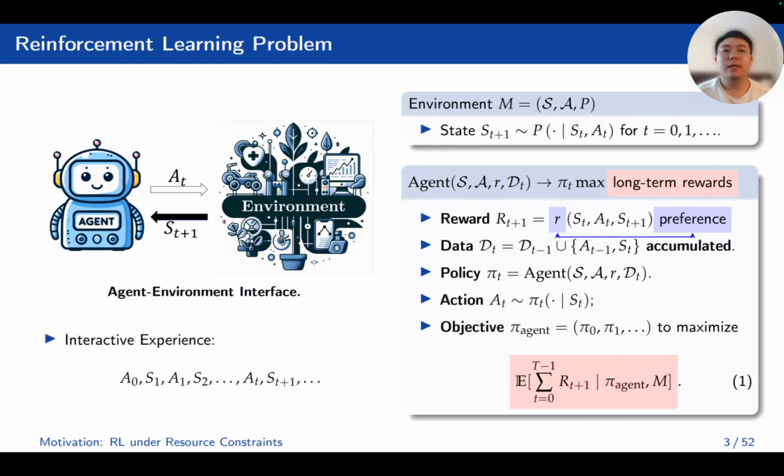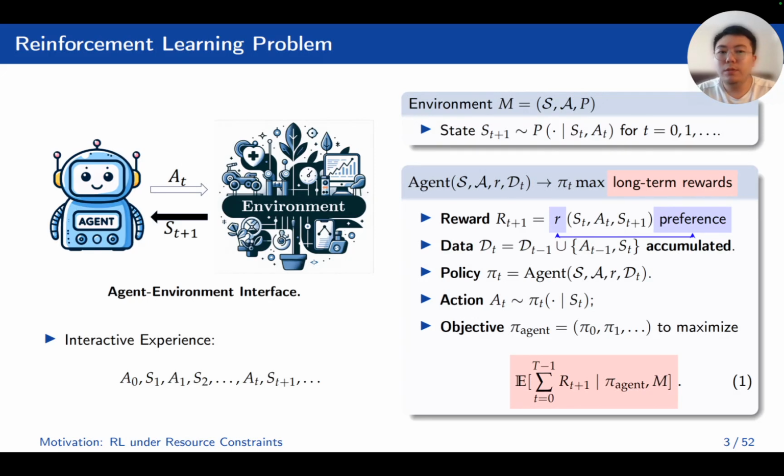Reinforcement learning is about an agent interacting with the environment sequentially. The agent will observe the state and take the action according to its experience, and then the environment will return the next state.